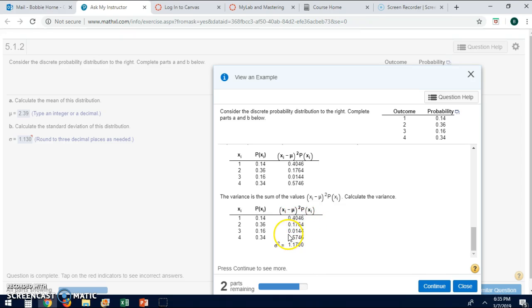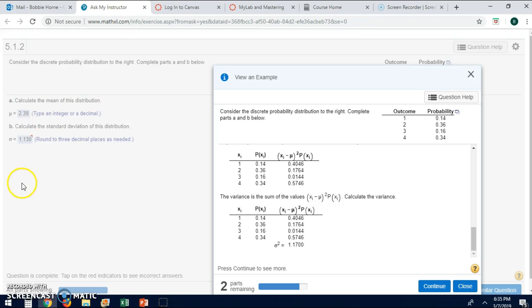So in this homework problem, you have to kind of do it the way the example is worked, and what they're doing here is they're rounding to 4 decimal places. So if you don't round at those 4 decimal places, your variance is going to be a little bit different from what they're wanting you to find or get on the homework.